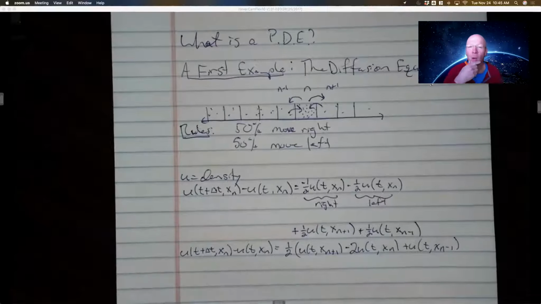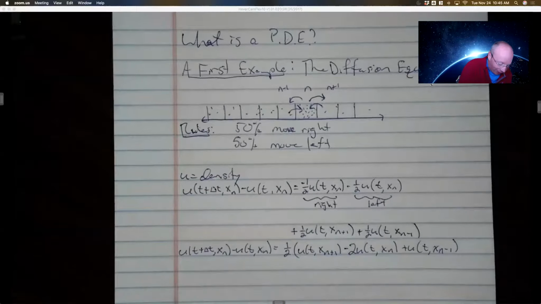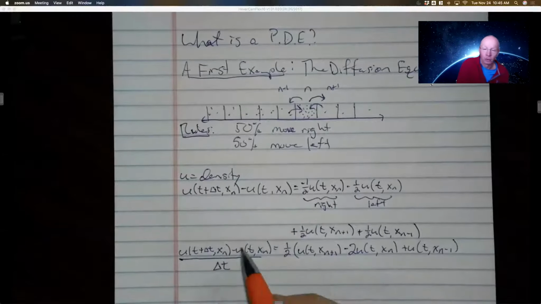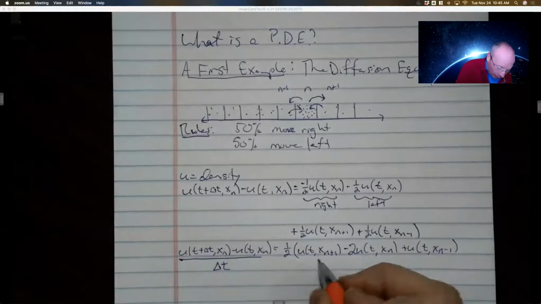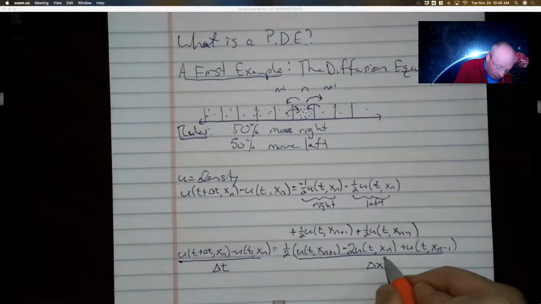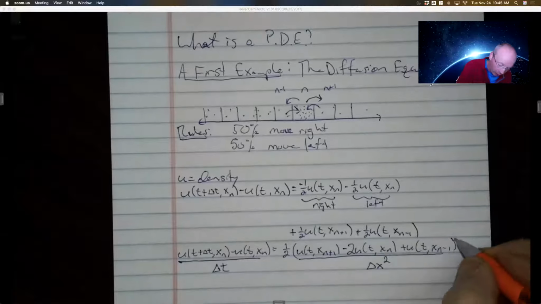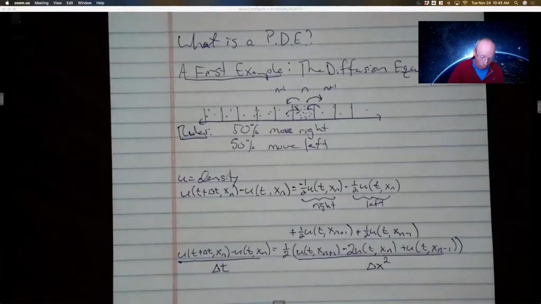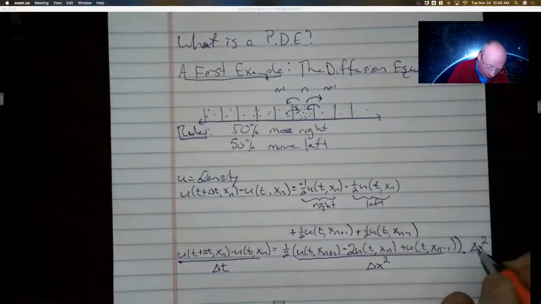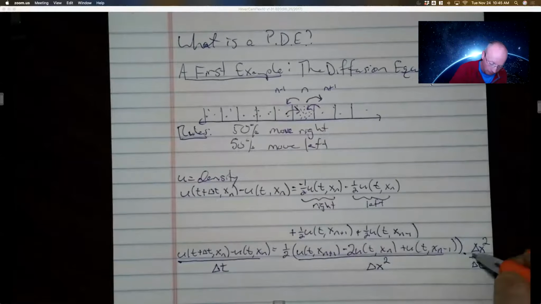But now I'm thinking, I'm in a numerical analysis class. These things look familiar. If I divide this side by delta t, that looks like a time derivative. And if I divide this side by a delta x squared, that looks like a second derivative in space. Oops, I forgot to close my parenthesis. Well, I can't just do that all willy-nilly. So let's multiply out by a delta x squared and divide out by a delta t. So I haven't changed anything in the equation.